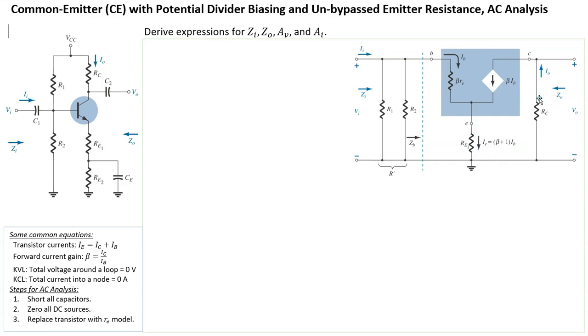Therefore, beta IB is IO. That's going to be our first equation. So IO is just simply beta IB. That's our first expression.